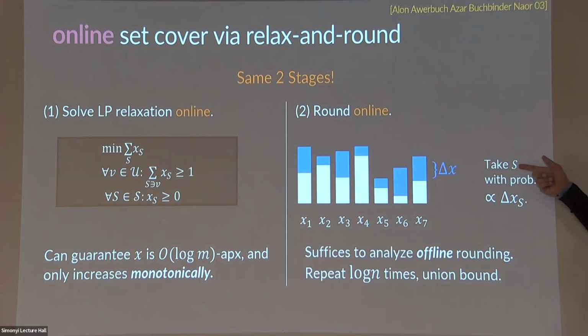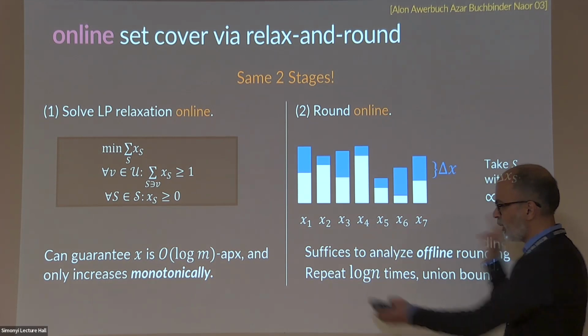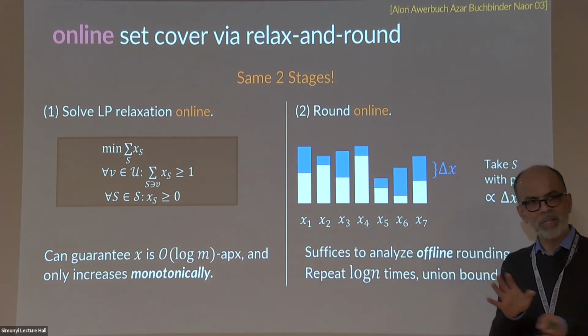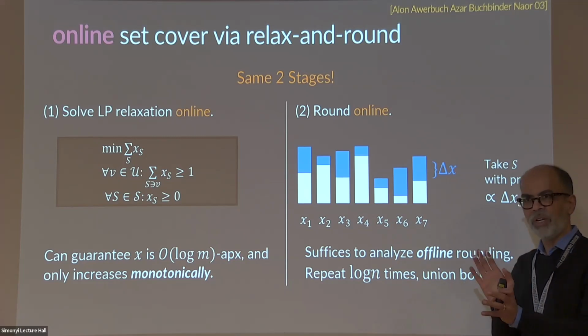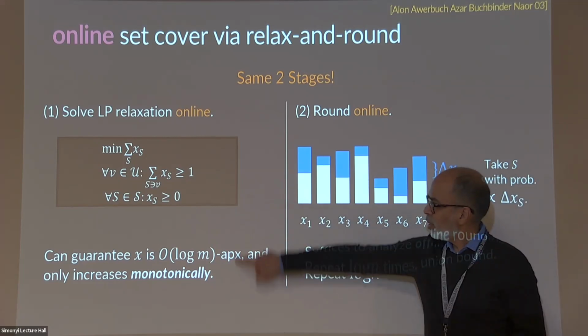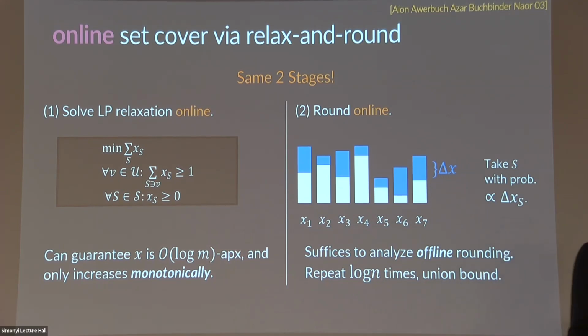So take a set with probability proportional to the increase, to the blue portions. And really, what you should think of is this loses log online, this loses log offline, nothing. It's just Chernoff bound, union bound. This part, offline, we can solve LPs exactly, online, we lose log.